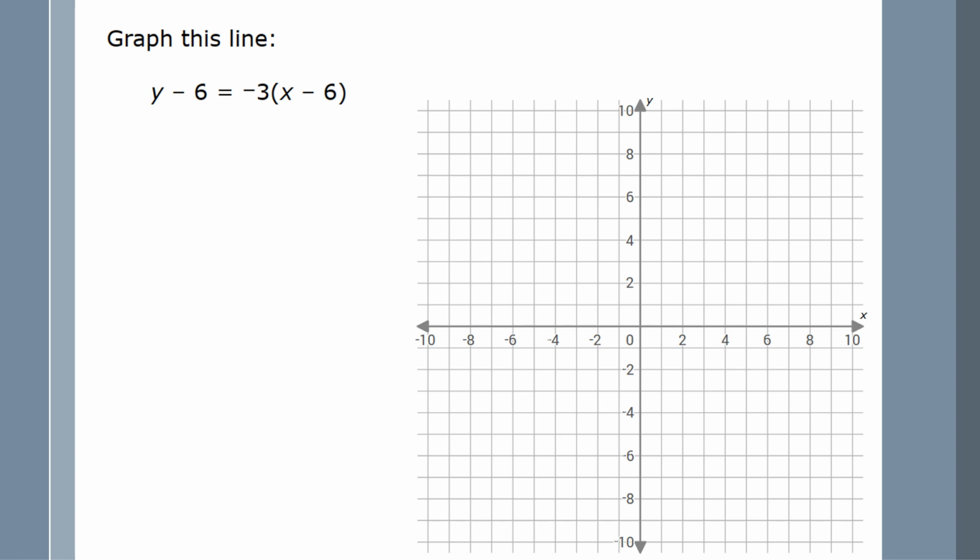Anyway, so here, if you're going to plug in points, let's just say when x equals -1, and I'm trying to find the y value of this. So here, if I plug in -1, -1 minus 6, that's -7, times -3.